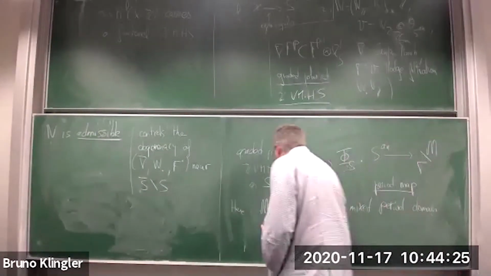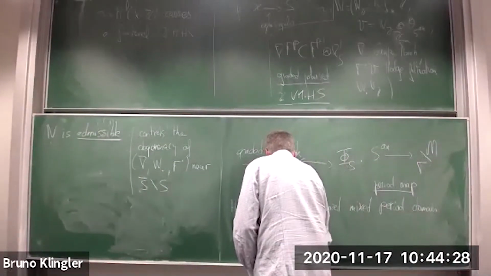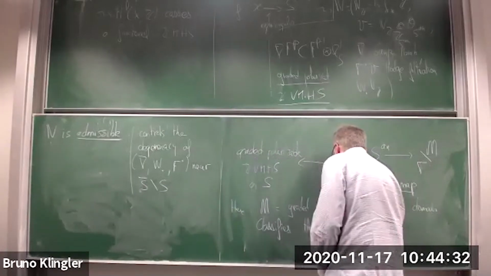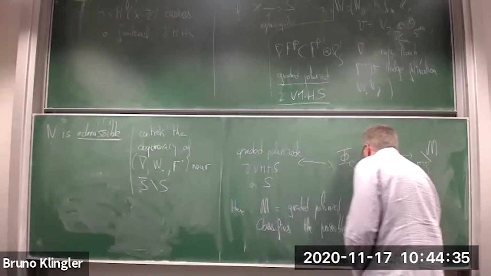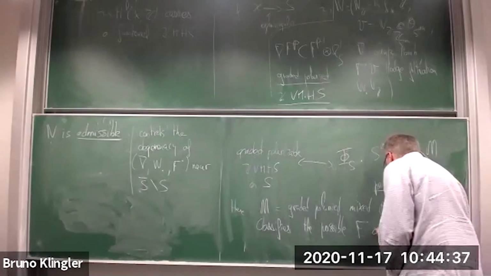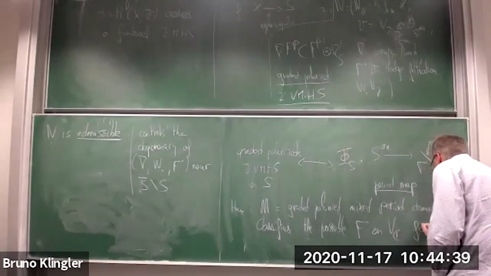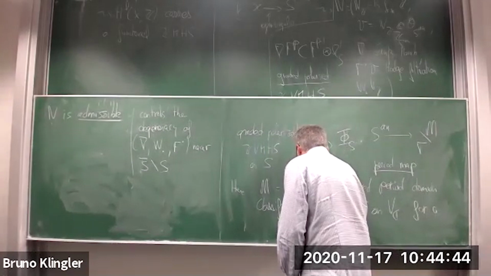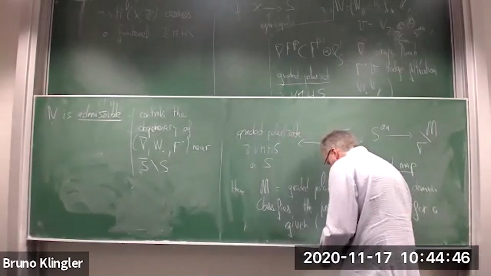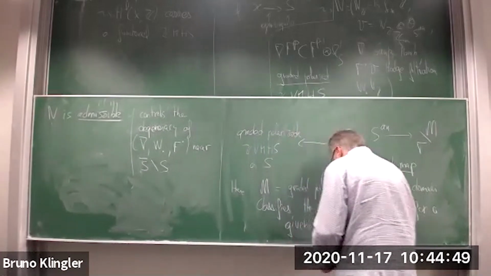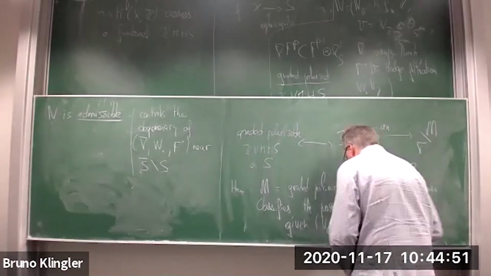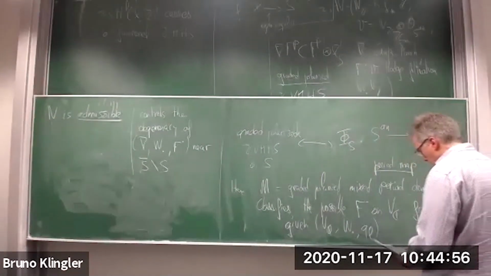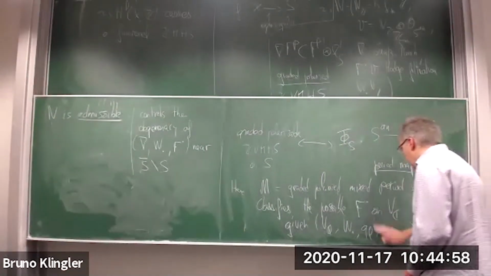And it classifies the possible Hodge filtrations on a given V_C, or let's say, well, I will fix V_Q. On V_Q, you fix the weight filtration, you fix the flat polarization Q_k, and you fix Hodge numbers.